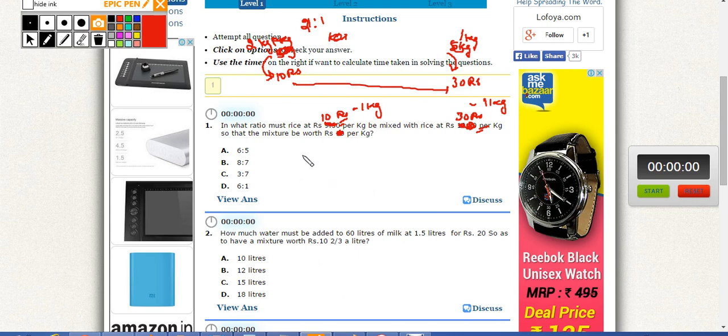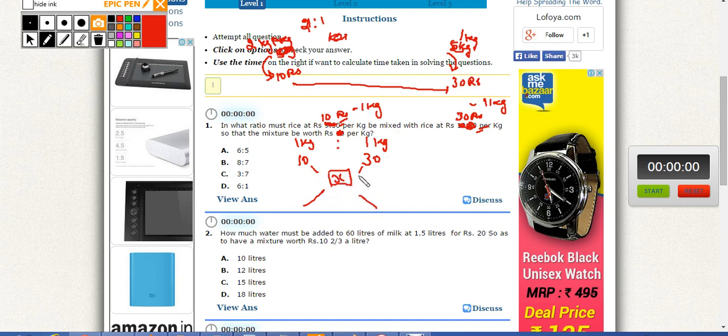Here we have 10 rupees. I'll just delete this rupees. There is no need to write that. Here we have 10 rupees rice, and here I have 30 rupees rice, and this is 1 kg, and this is also 1 kg, and we need to find out the mixture. This I'm taking as x.